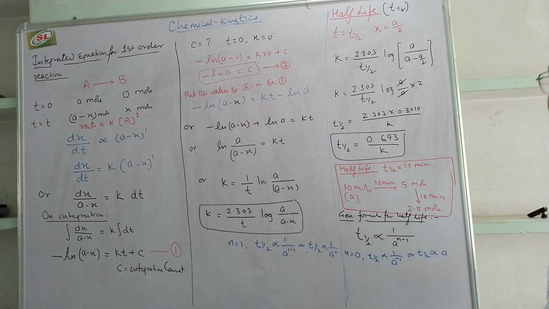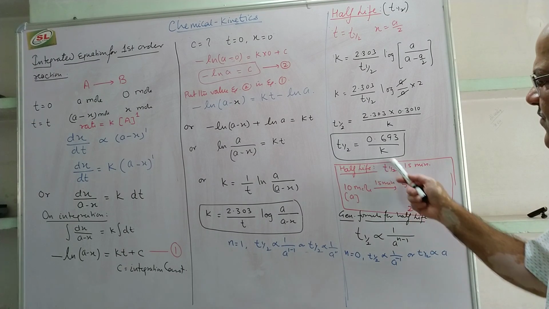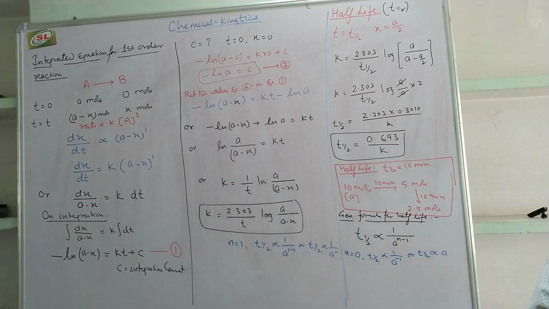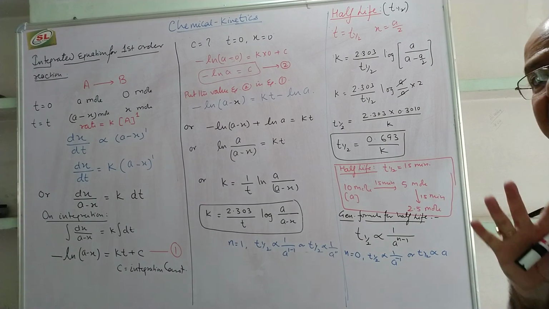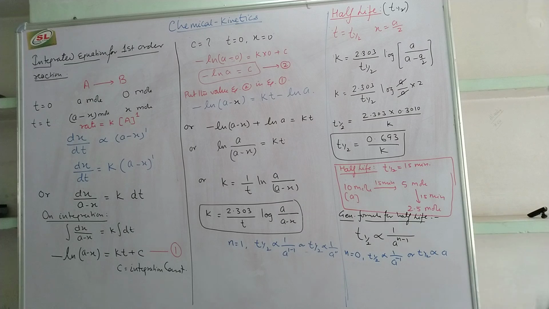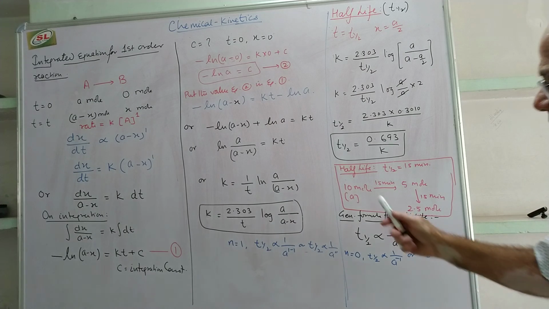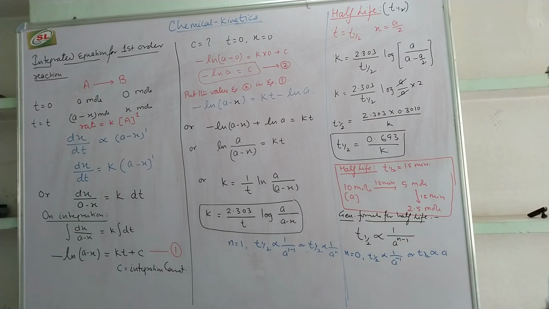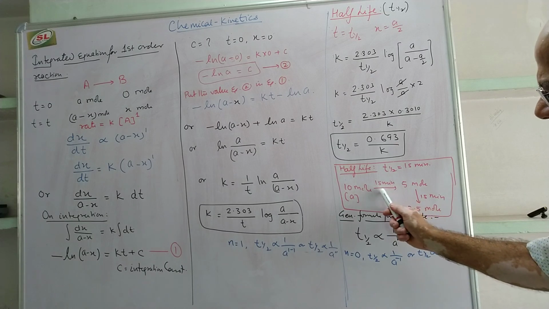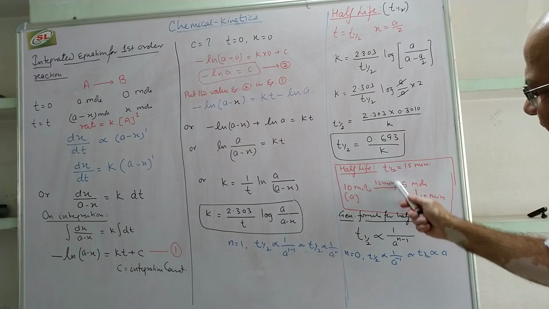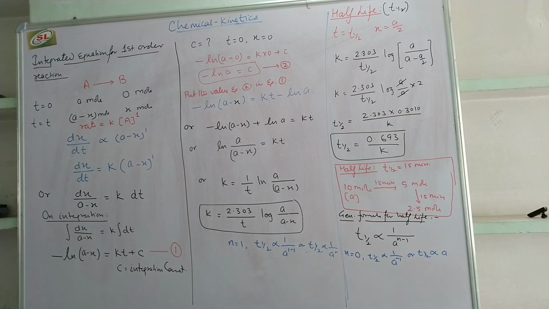To understand it, I am taking one example. Suppose the half-life of a reaction is 15 minutes. For example, it may be in years also, or in seconds. Initial concentration is 10 moles. After 15 minutes, the reactant will become 5 moles.